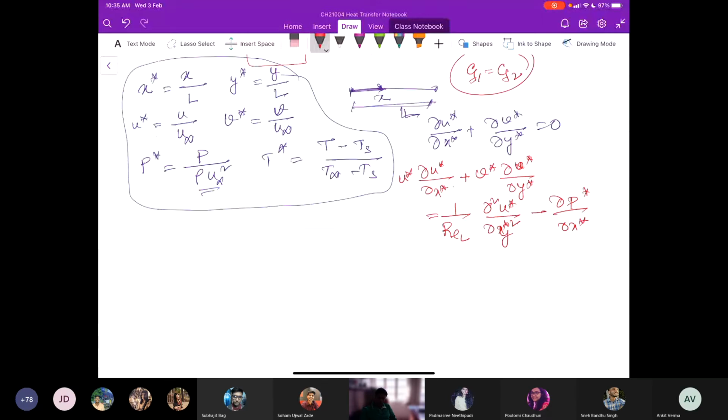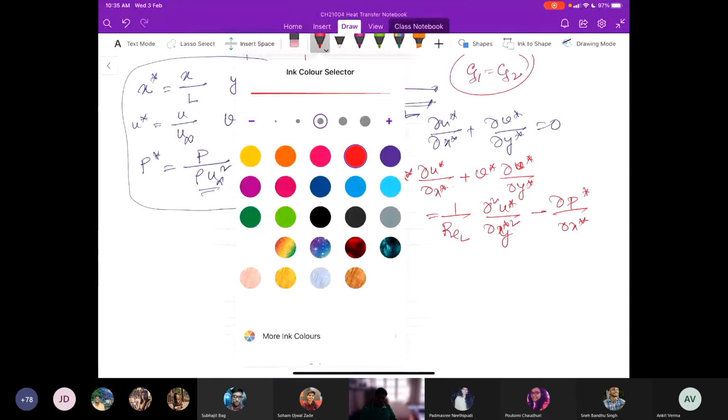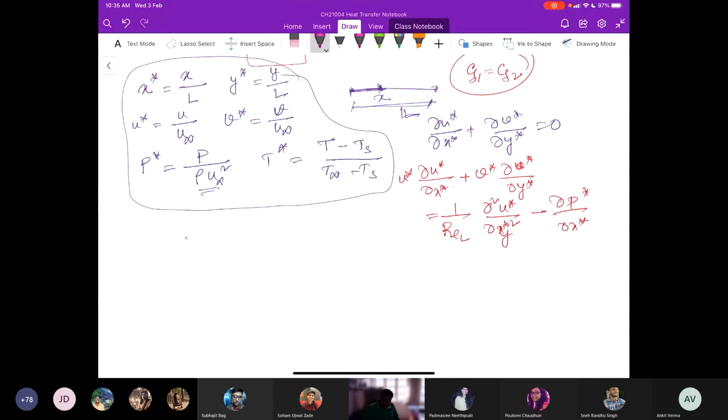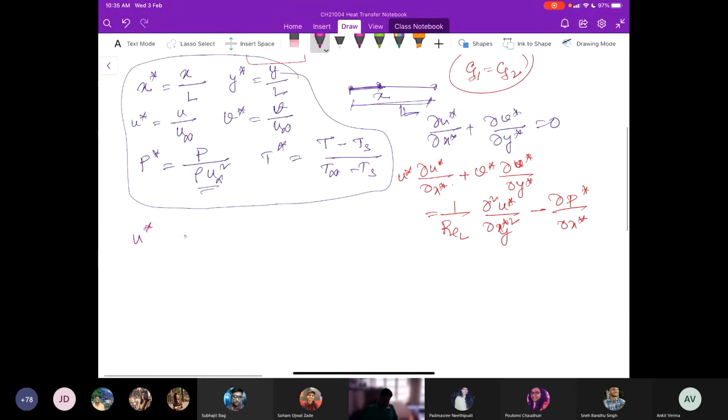So similarly, if we look at the energy equation, that would have a form which is equal to 1 by Reynolds number, Prandtl number, square.